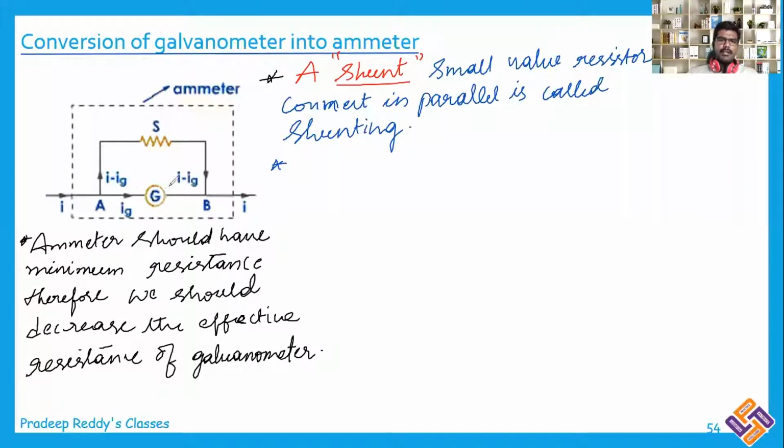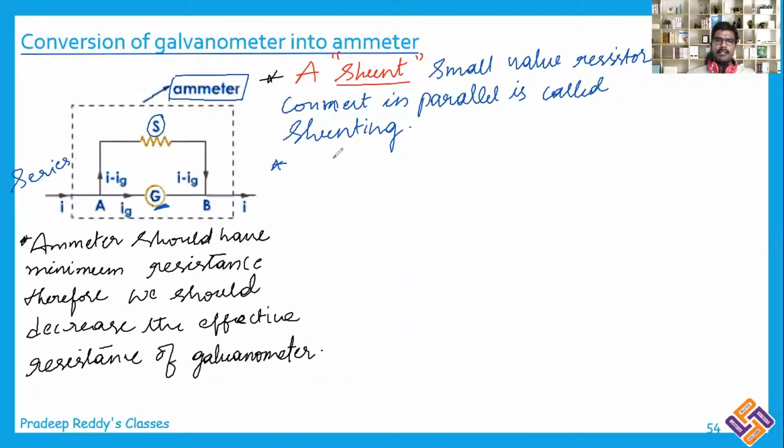Now in this case, this is the galvanometer. Galvanometer resistance is capital G. And now we are taking a shunt resistor and adding that shunt resistor to the galvanometer. When you add the shunt resistor to the galvanometer, this total arrangement will become an ammeter. It is now becoming an ammeter and this should be connected in series.